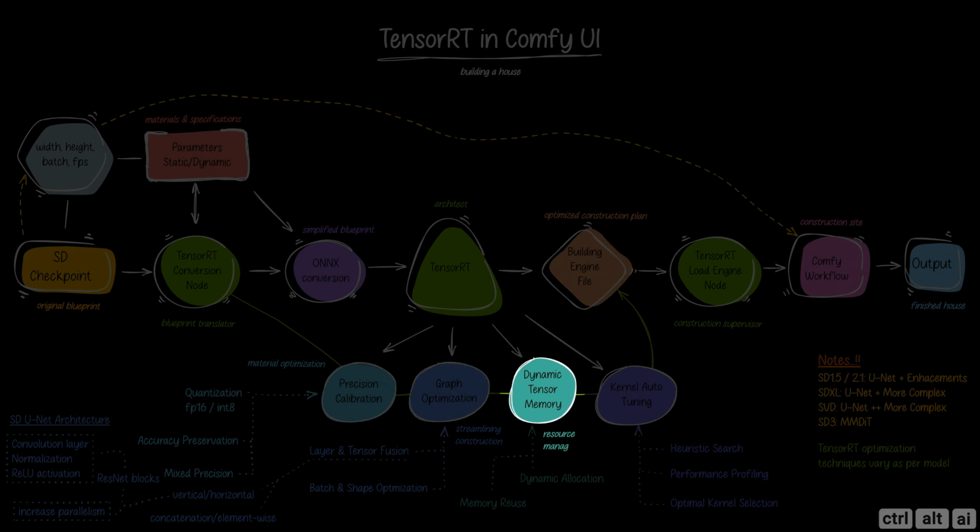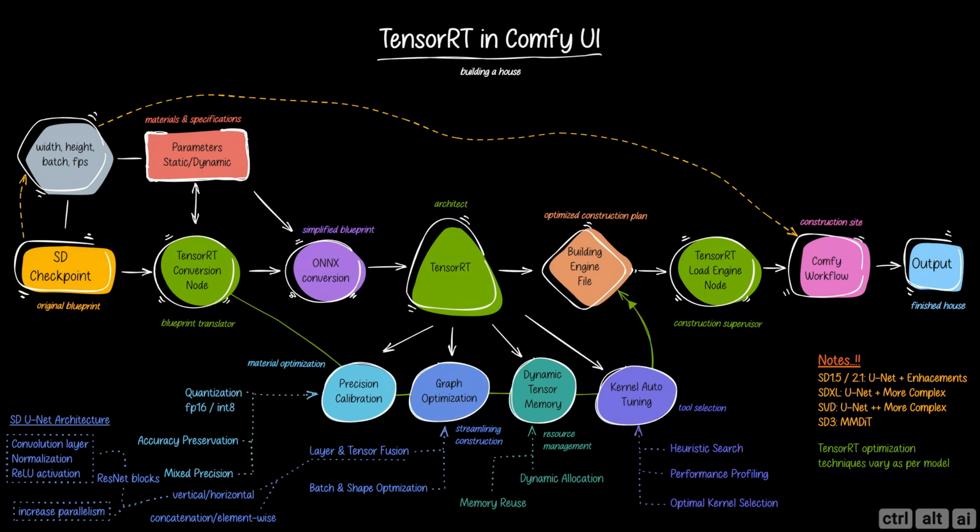Managing resources efficiently on the construction site to avoid waste is similar to how TensorRT optimizes memory usage during model execution. The architect then chooses the best tools for each construction task, such as selecting the optimal algorithms for the model's operations. This behind-the-scenes process illustrates how TensorRT transforms Stable Diffusion models for faster generation in ComfyUI.